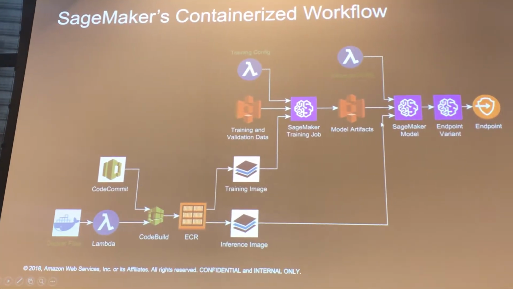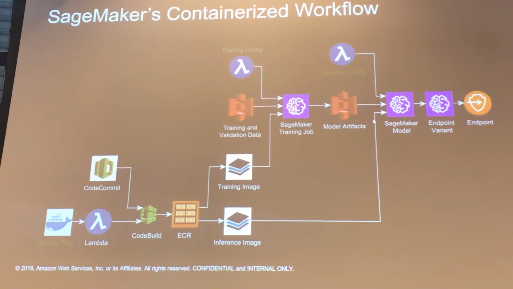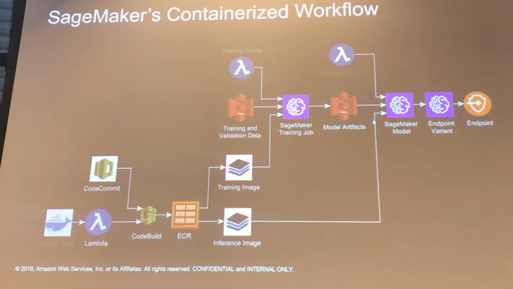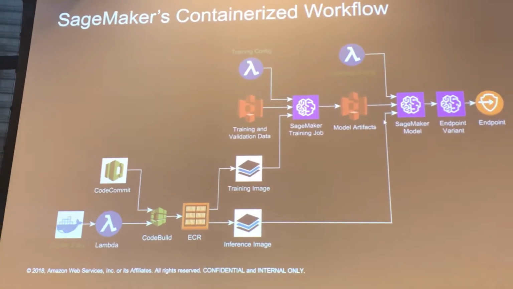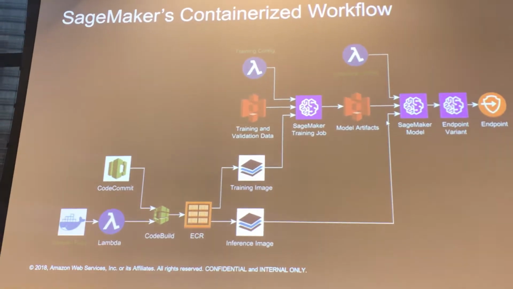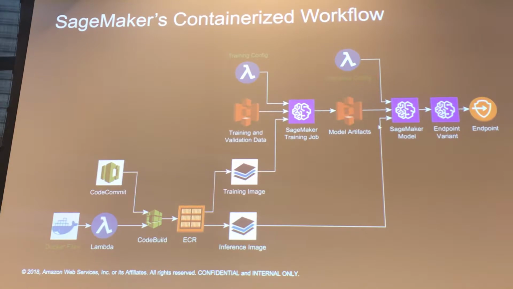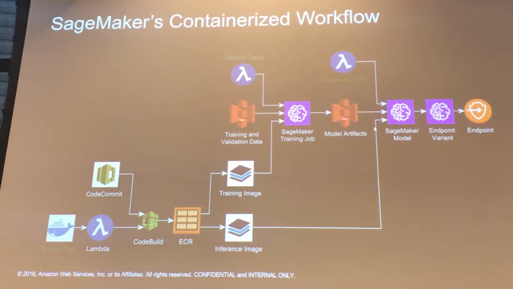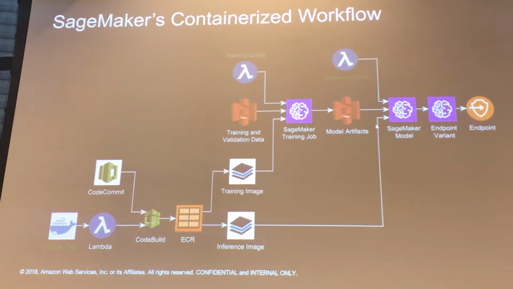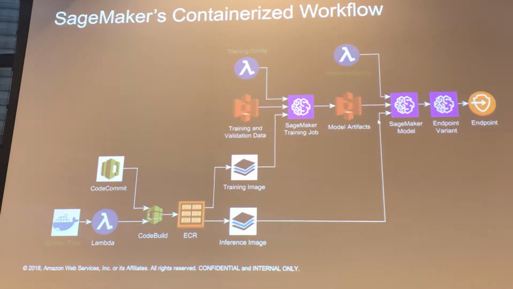That gets loaded to your endpoint variant, the same way I showed you in that animation earlier. Now, to improve this, we're adding the ability for additions to the data set to trigger retraining of the model. Right now, it's just triggered off updates to the model itself, but this will improve over time.